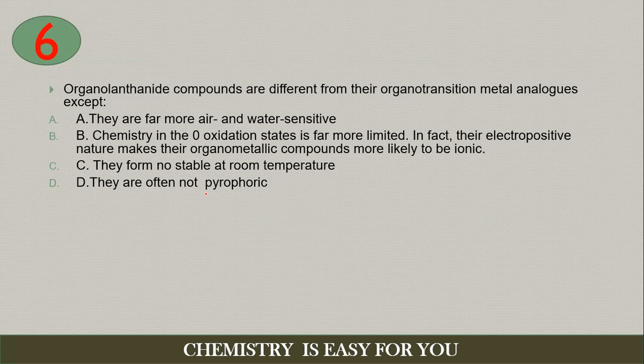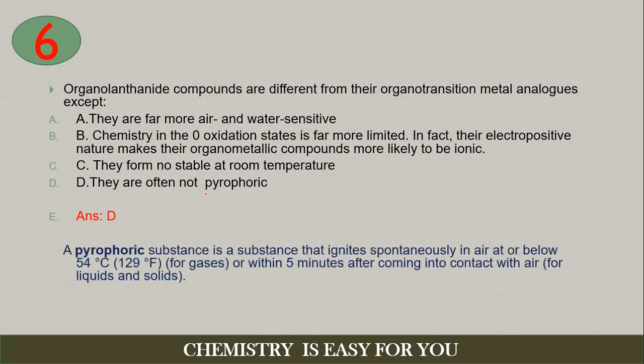So four points are given. They are far more air or water sensitive. Second, chemistry in the zero oxidation state is far more limited. They form no stable compounds at room temperature, and they are often not pyrophoric. So the answer is option D. Organolanthanide compounds are different from their organotransition metal analogs except that they are often not pyrophoric.